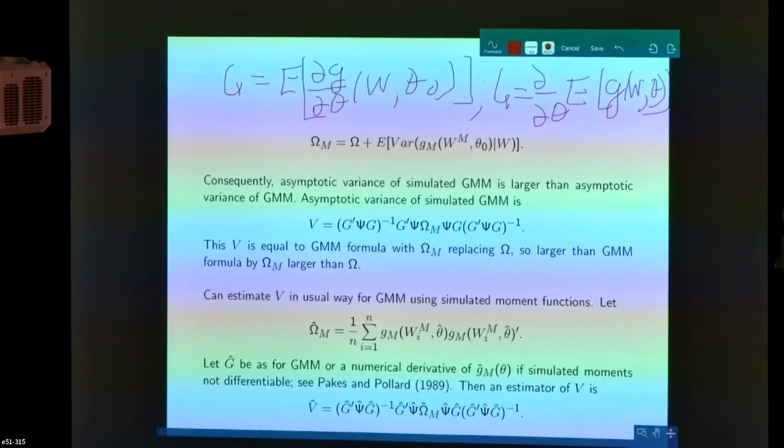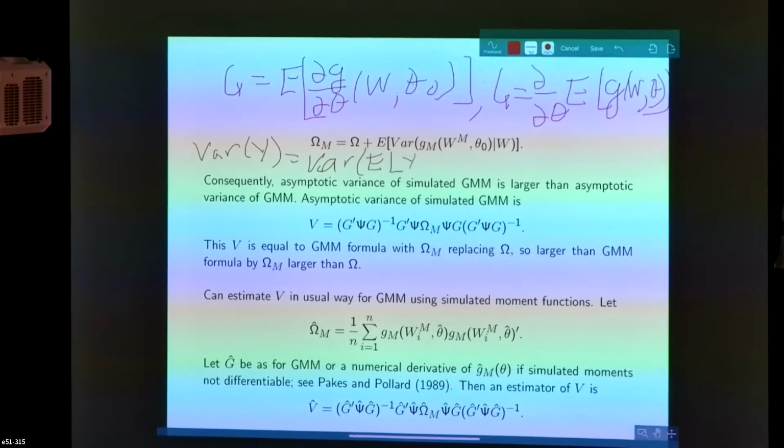What does change is the omega, which is the variance of the moments. There's a general decomposition, which you all saw at some point, I'm sure. If you want the variance of some random variable y, you can decompose it as the variance of the conditional expectation of y given x plus the expectation of the variance of y given x.